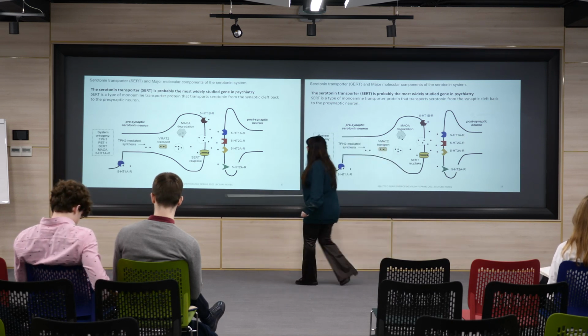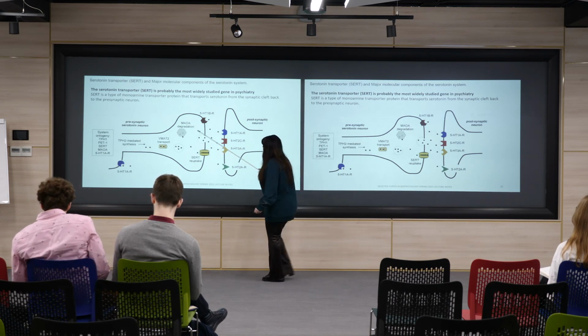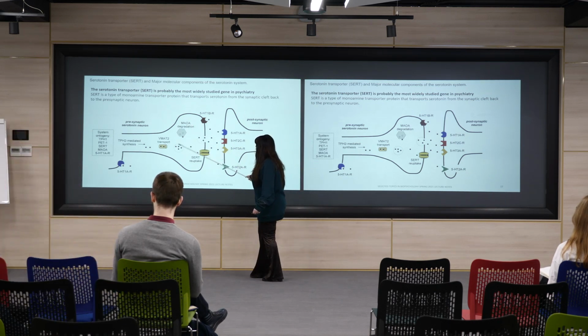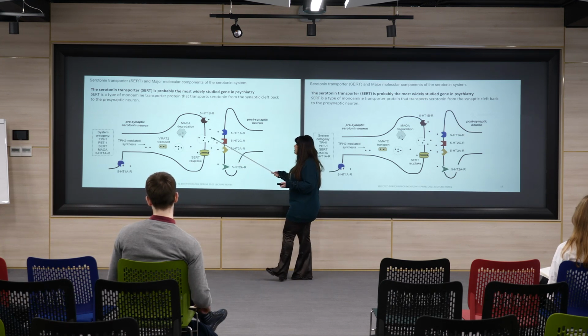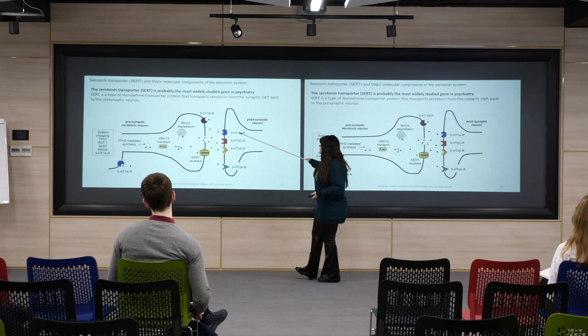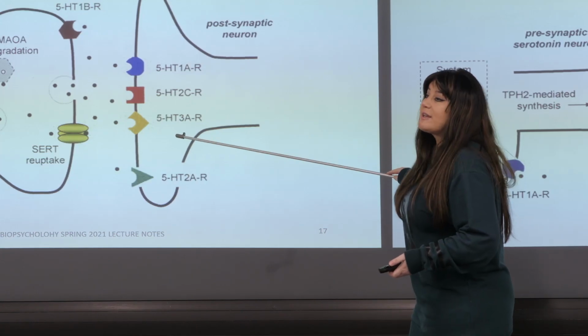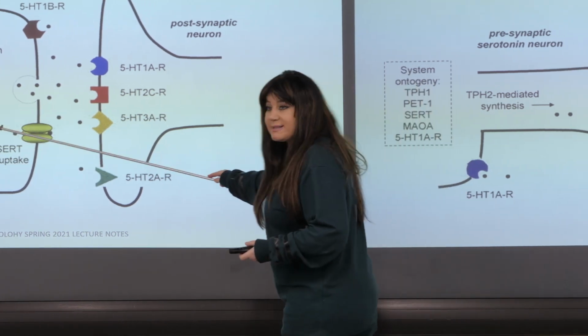Here you see a synapse. This is a serotonergic synapse. You remember there is synthesis, there is transport, and then there is vesicular release. And after that, there are postsynaptic receptors. These are all different kinds of serotonin receptors. You don't need to know them. All you need to know is that there is a presynapse.